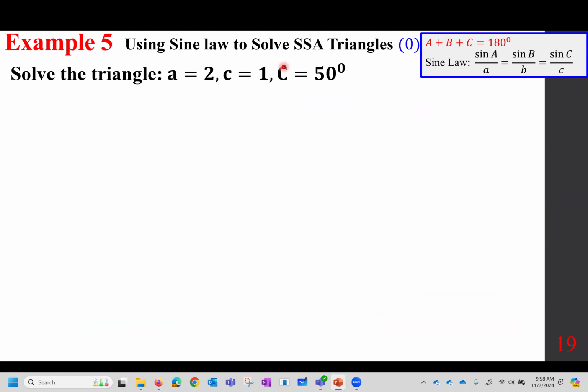Again, we are dealing with SSA, side angle, and we want to solve a triangle. A is 2, C is 1, capital C is 50 degrees, everybody.